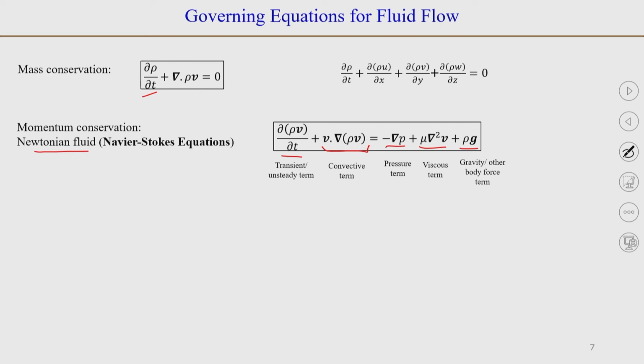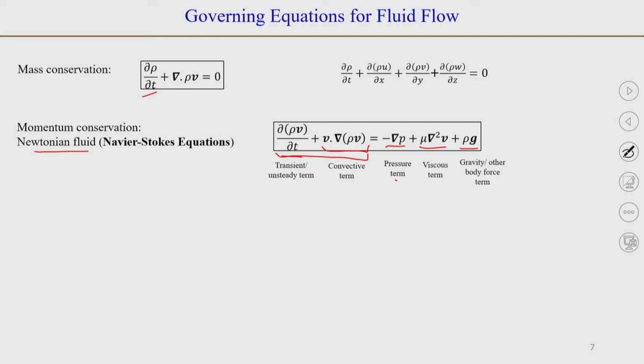As we will read later on, the term on the left hand side basically represents the acceleration multiplied by mass per unit volume. So, you have rho, which is mass per unit volume, multiplied by the acceleration, and these are the different forces that are acting: the pressure term, viscous term and gravity term, which are all again in terms of force per unit volume.